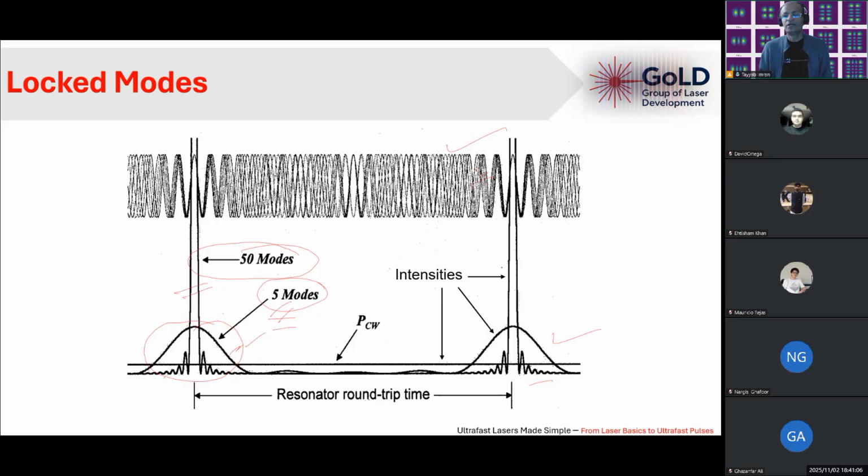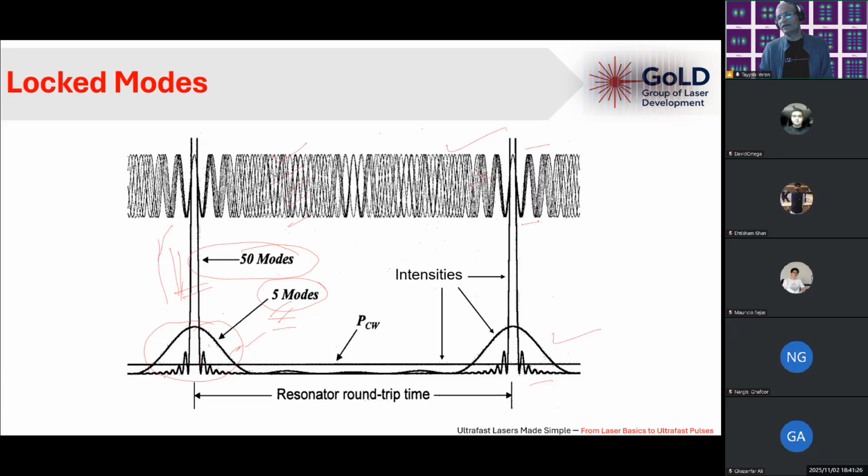Okay, so this is what it is showing. There are a number of modes here, and these modes are randomly moving, and whenever they lock, a short pulse is generated, here on this side and here on this side.